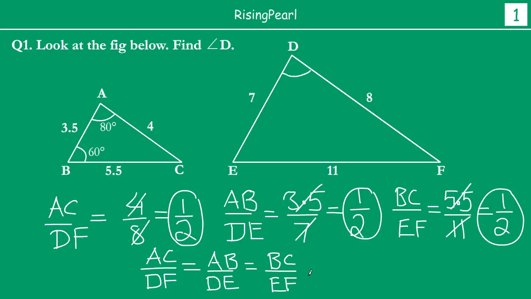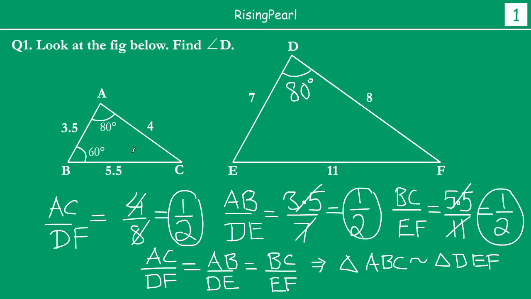And so therefore from here we can imply triangle ABC is similar to triangle DEF. So since now these two triangles are similar, their corresponding angles must be equal. So angle A and angle D should be equal. So if angle A is 80 degrees, then this should be 80 degrees.